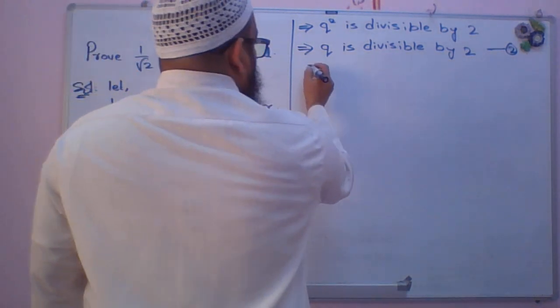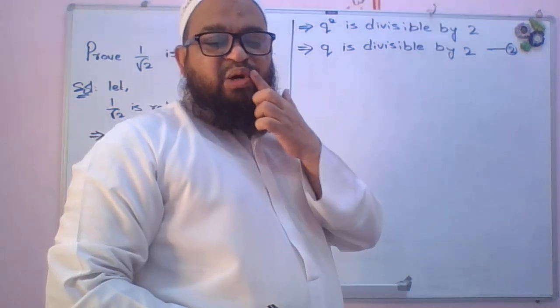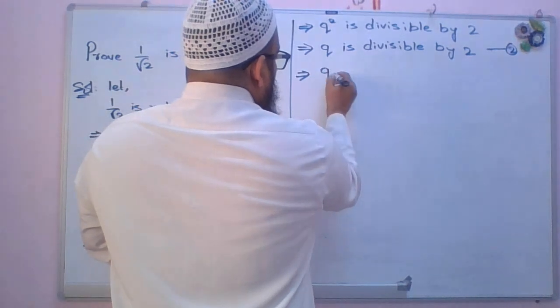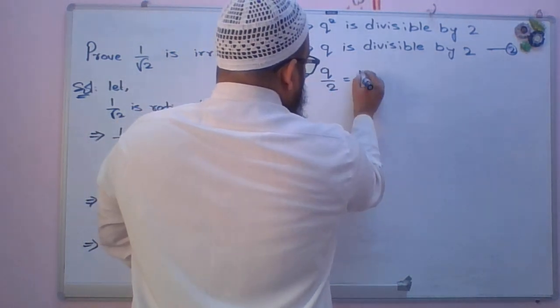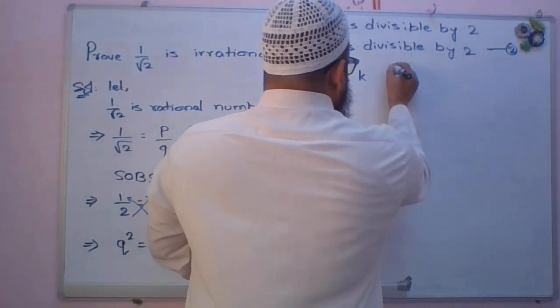Let us see now, since q is divisible by 2, that means q by 2 is equal to some number. So that implies q divided by 2 equals, you take any number k, where k is an integer.